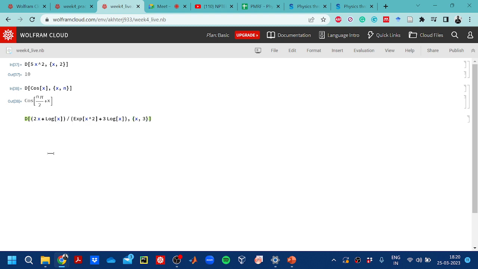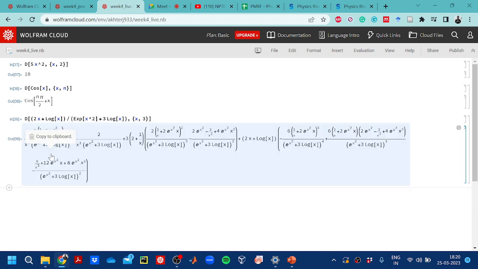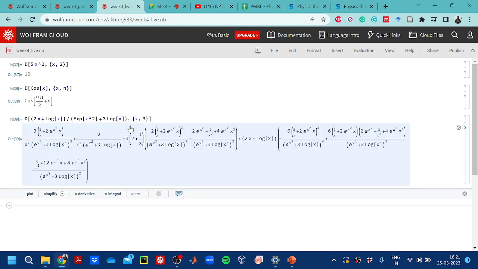For that we have to write down x comma 3. If we calculate that, this is our third order derivative.